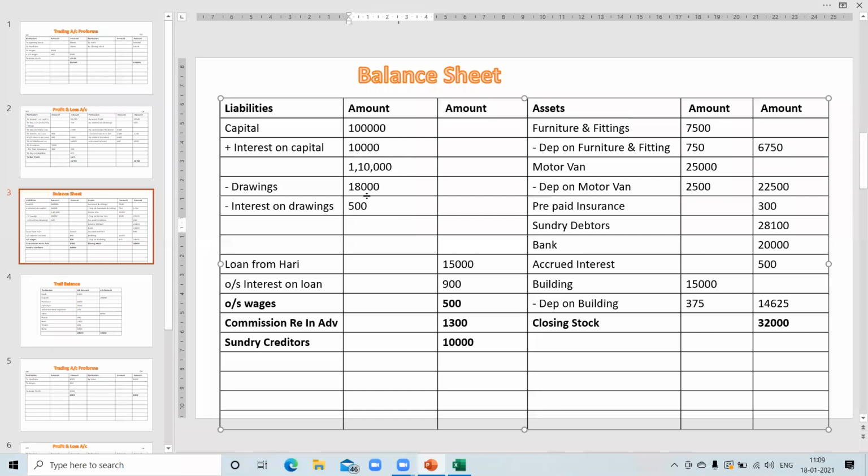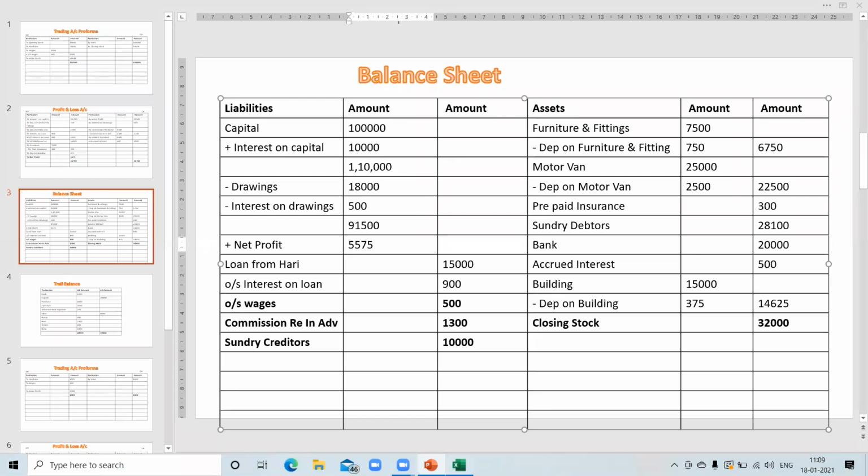1,10,000. From that, for example, 18,500 minus, the remaining balance is a 91,500. Okay, so 91,500 plus net profit. So net profit amount is a 5,575.